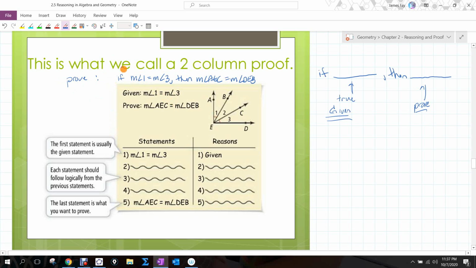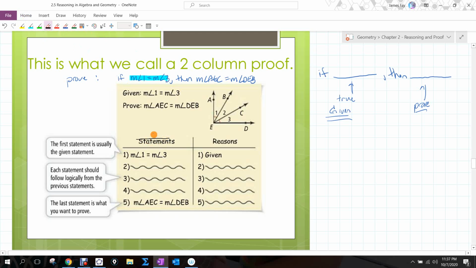So you know that this is happening in front of you. That's truth that you know. Based off of that truth, can you deduce that this is true? Can you come up with a logical argument of why, if you know this is a true statement, why that would be true?